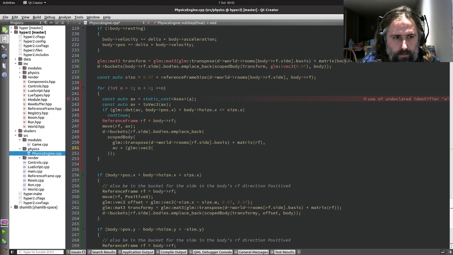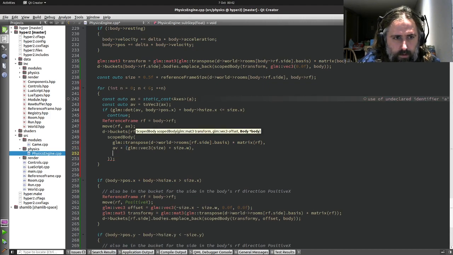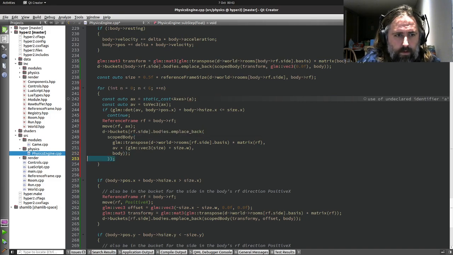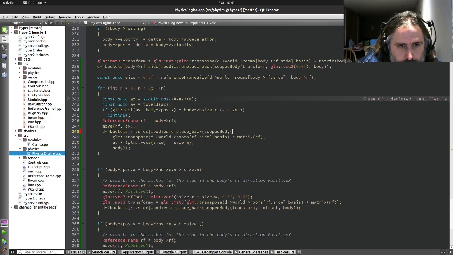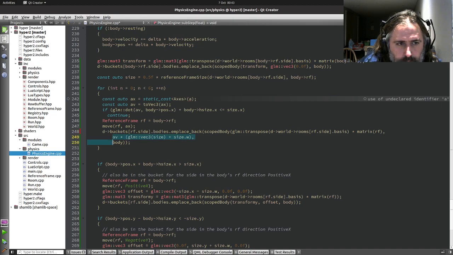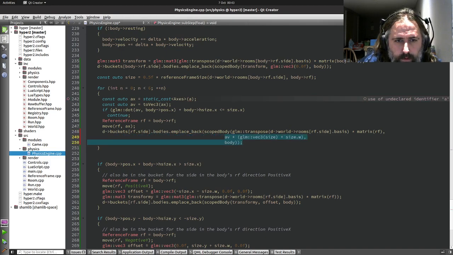Of size plus size W, and it is for the body. Okay, let me just turn it into something that looks vaguely sensible.